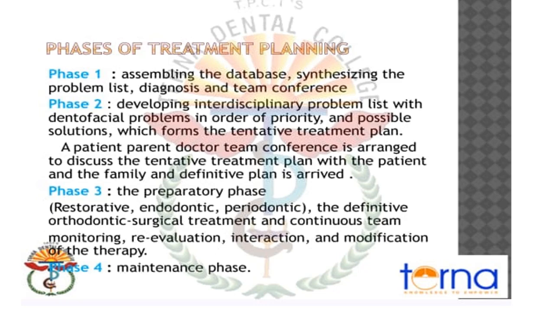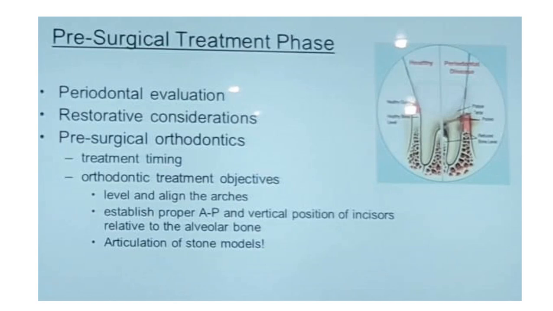And phase 3 is the preparative stage, in which we should prepare before surgery: the restorative treatment of teeth, endodontics, and periodontics should be performed, and re-evaluate. And then there is a maintenance phase, and periodontal evaluation and restorative consideration should be done before surgery, and after that pre-surgical orthodontics is done.